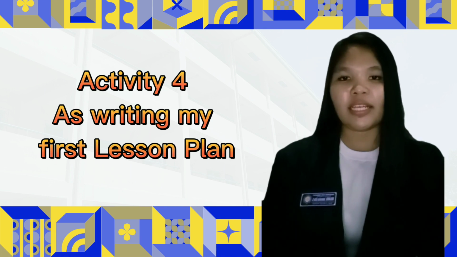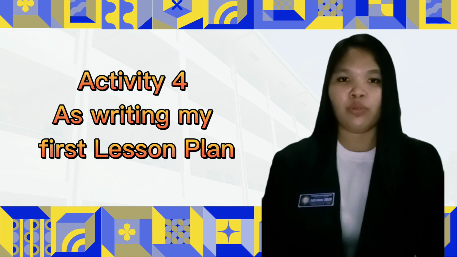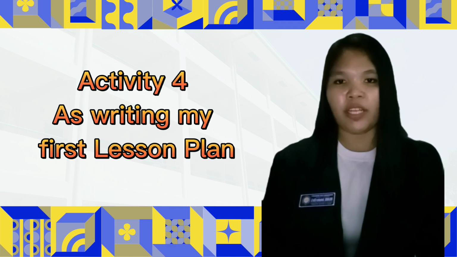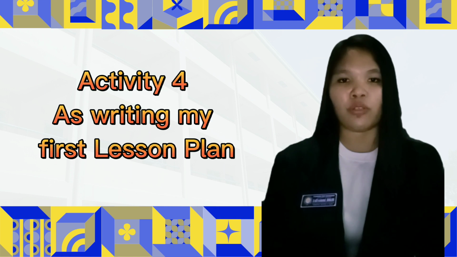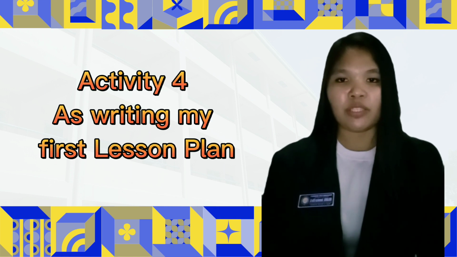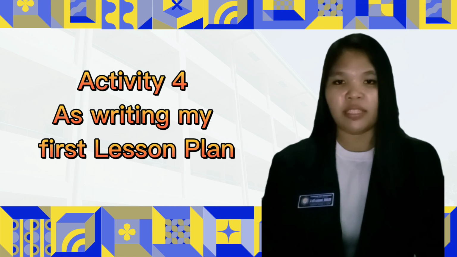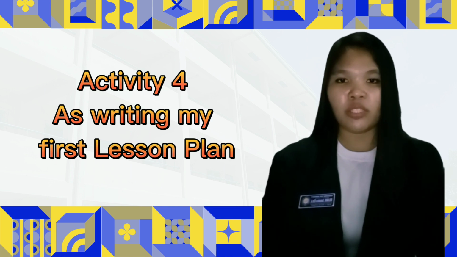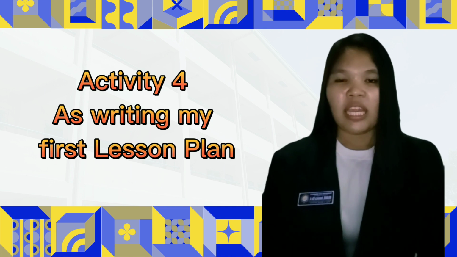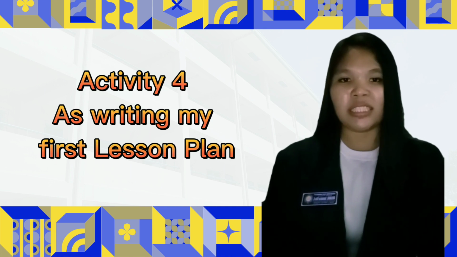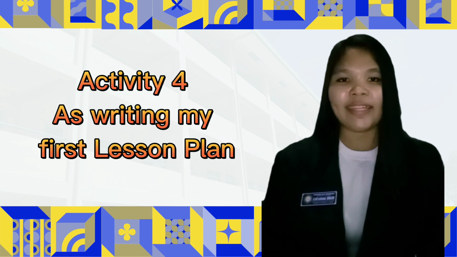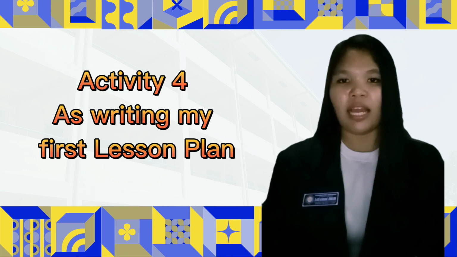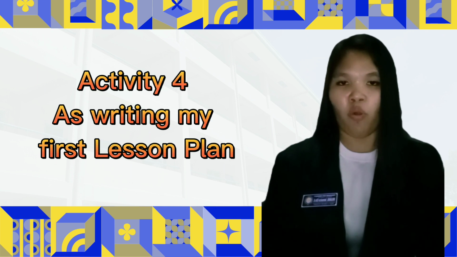The parts of the lesson plan are objectives, which deal with the affective, cognitive, and psychomotor domains. Subject matter, which contains the topic, name, citation, materials needed, values included, and tactics. Evaluation, which contains the evaluation of student knowledge in the subject. And assignment, which is an activity to be accomplished at home.